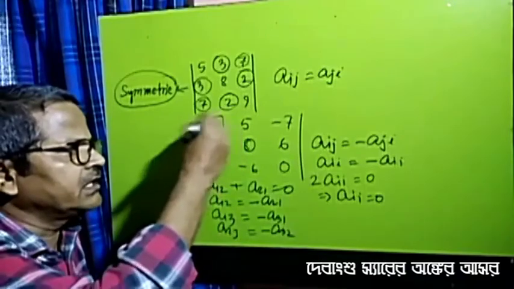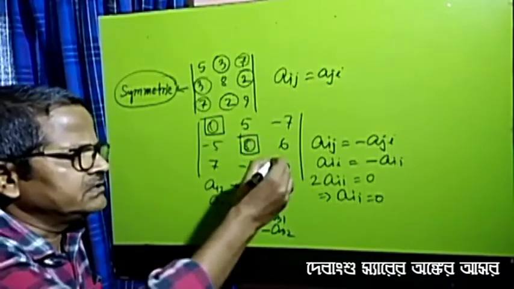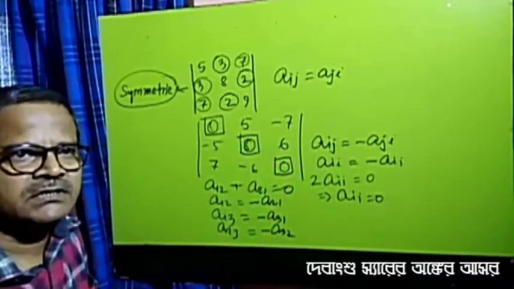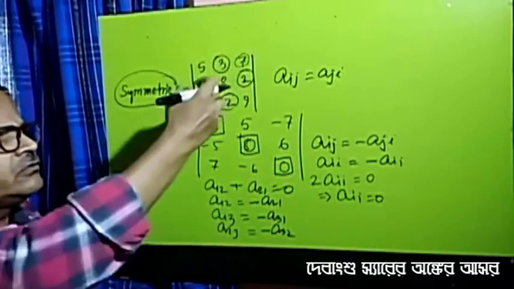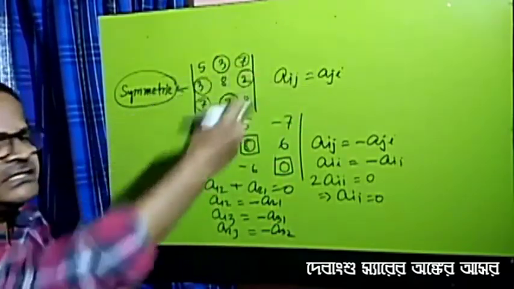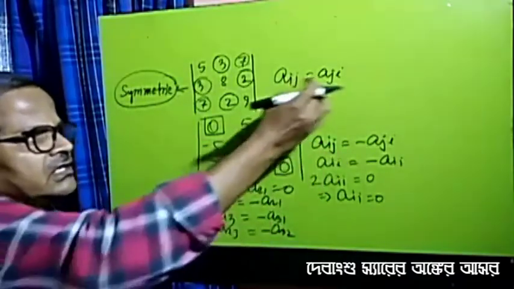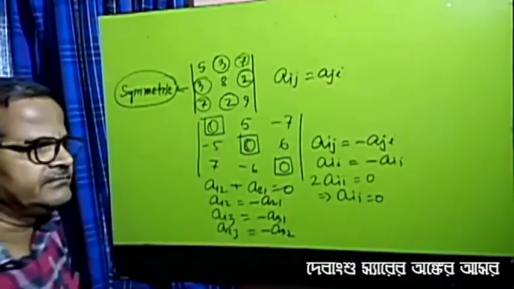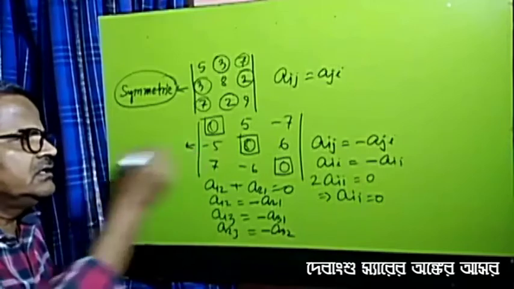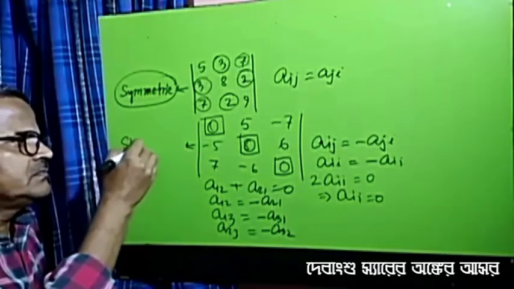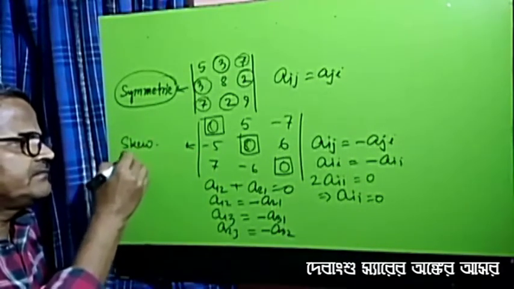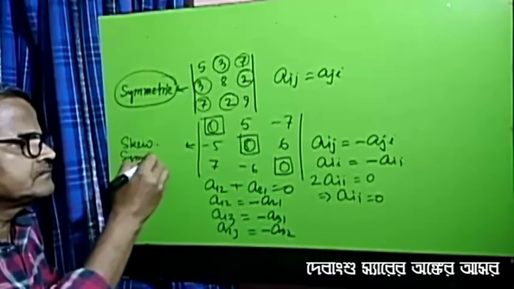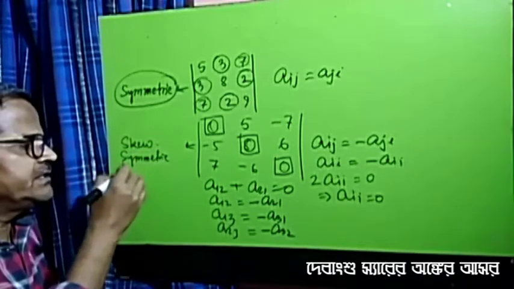Note that all the diagonal elements are 0. This looks almost like a symmetric determinant, but it is not equal, just negation. This is called a skew symmetric determinant.